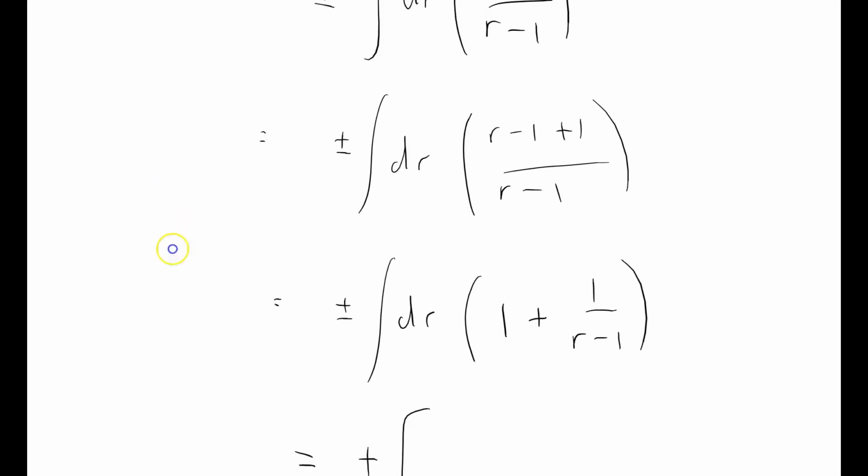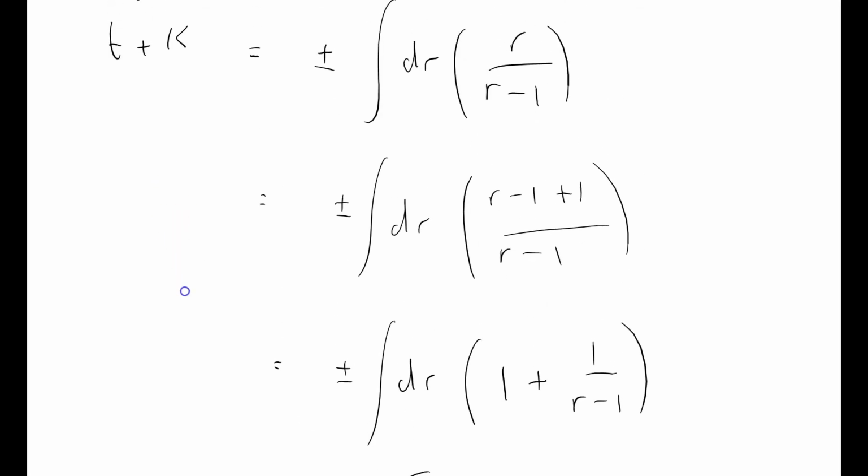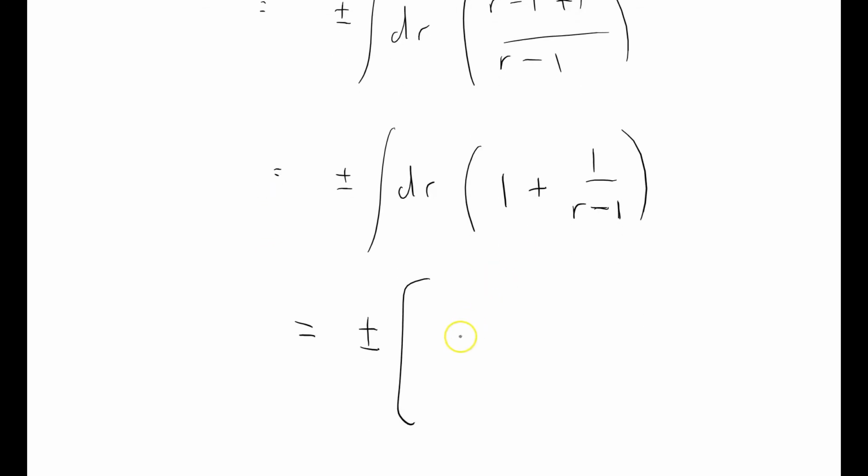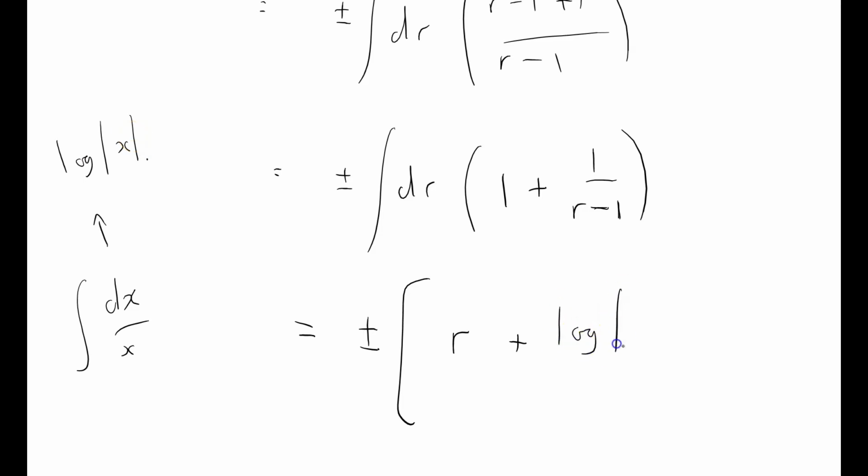I don't want to take too many steps off, because at some point I'm going to have to start considering what this integral of 1 over r minus 1 is, and I just wanted to be absolutely sure that I can trace my reasoning. That's r plus, now what's the integral of dx over x? Well, that's log of mod x, log the modulus of r minus 1.